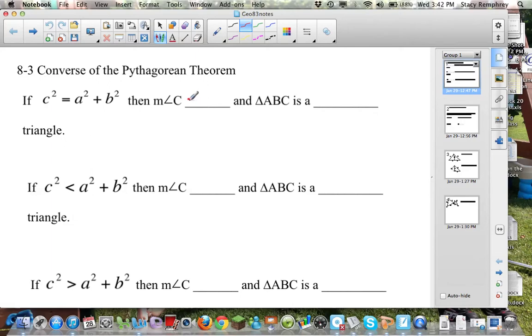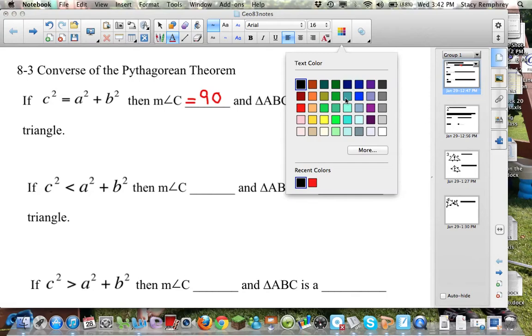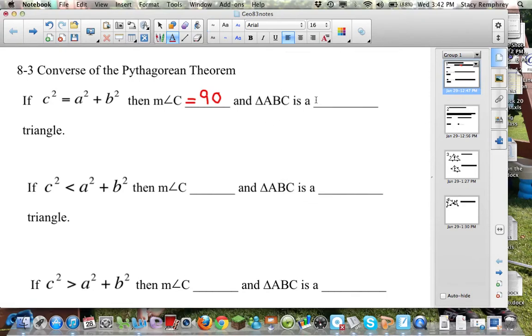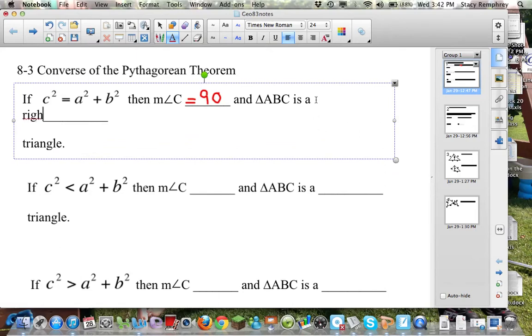So in the first one, if the measure of angle C equals 90, then triangle ABC, there we go, we know that's going to be a right triangle.